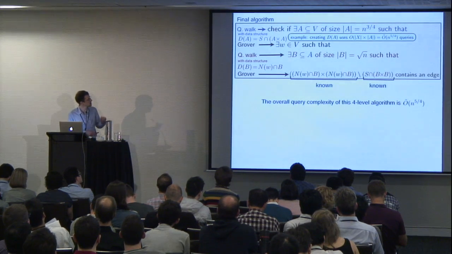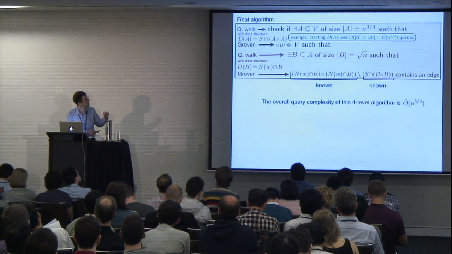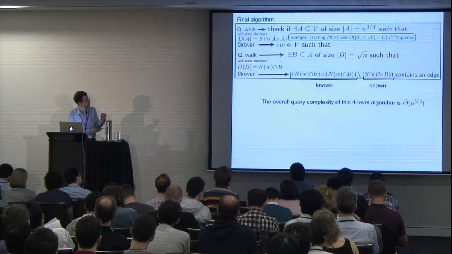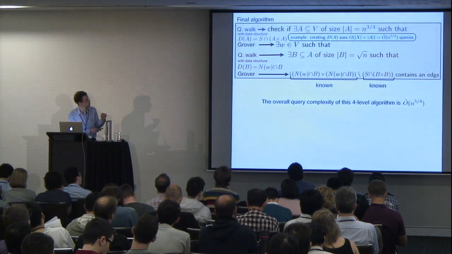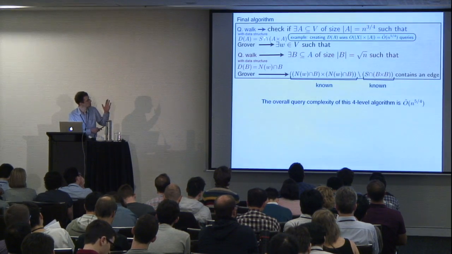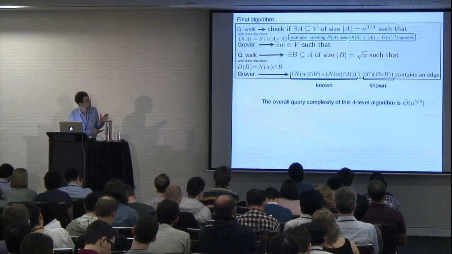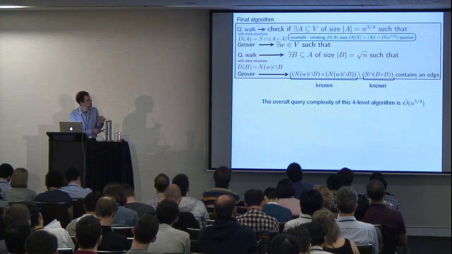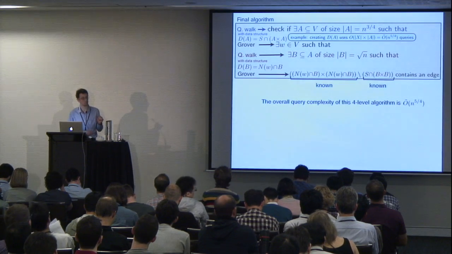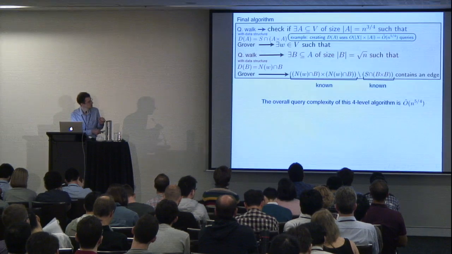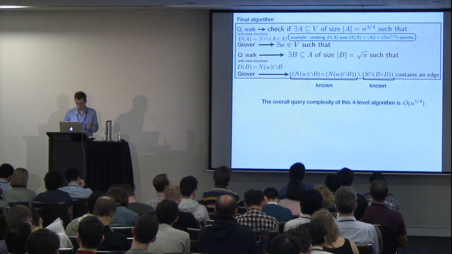For example, the setup cost of the first walk is the cost of creating the database associated to A for some given A. If you remember the definition of S, it is upper bounded by the size of X times the size of A, which is n to the 5/4. That's why we choose this parameter here, to keep this complexity smaller than this.